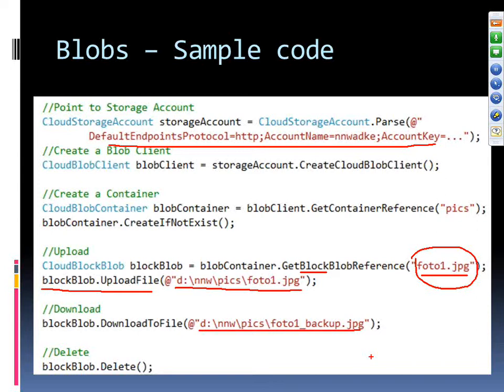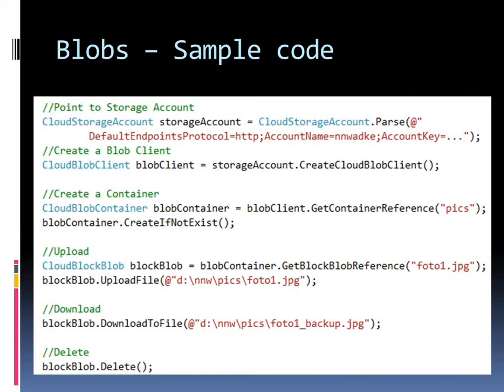So this is sample code which you can refer to: how we create an account, then use a client, and using the client, create a container, upload, download, or delete a blob. So this was a very short introduction about what a blob is, when we use a blob, and a quick code snippet on how blob code will look.